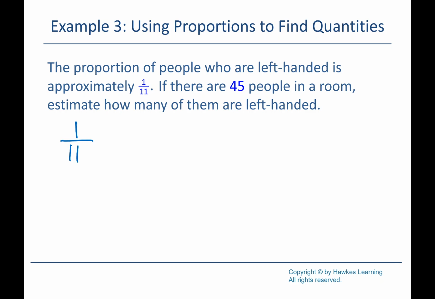So quiet today. It's okay to be wrong. Just yell something out. We're gonna multiply. And if you want to change it to a decimal first, you can. But we can do it with a calculator too, anyway.